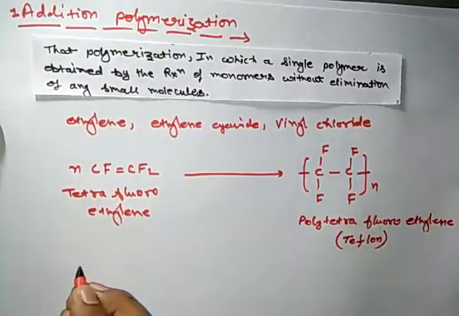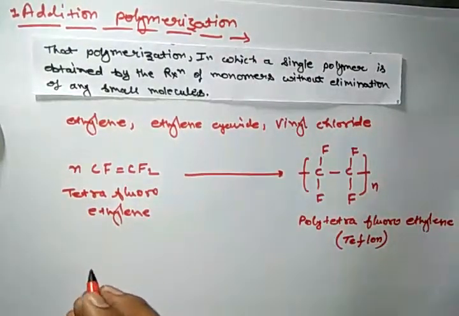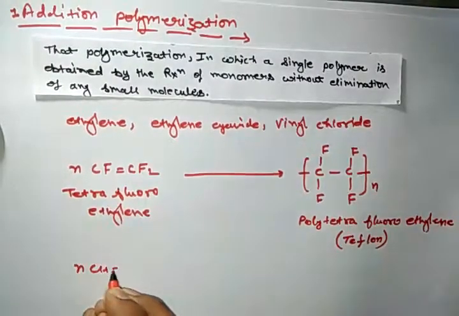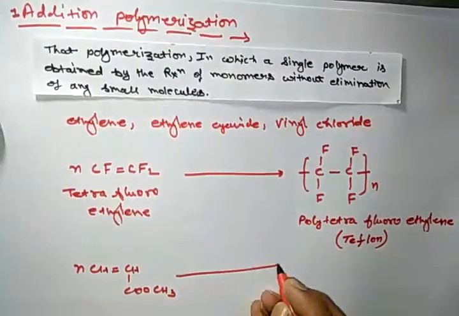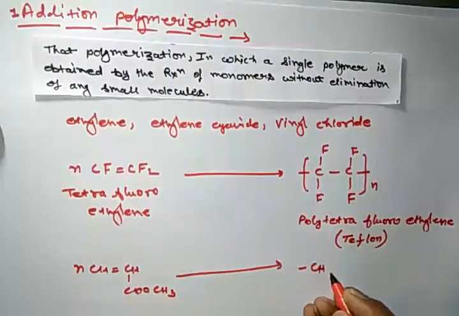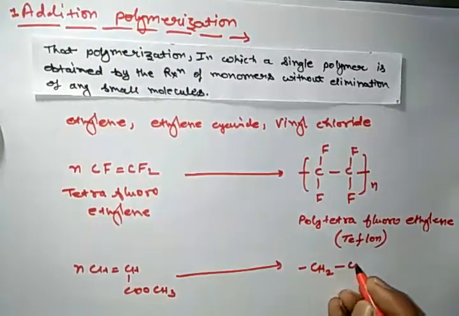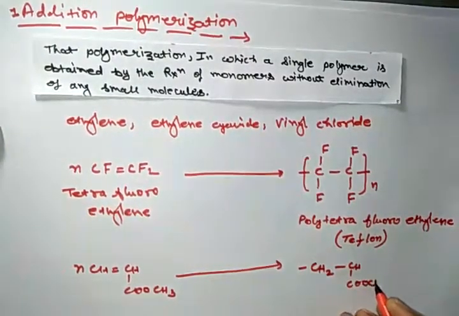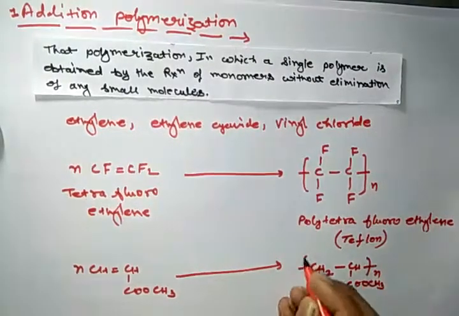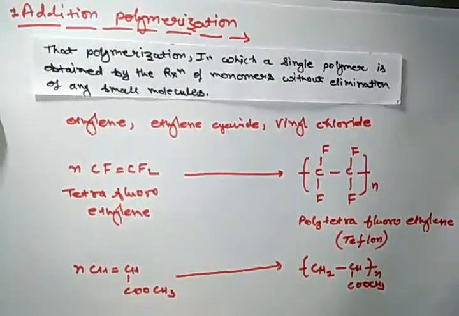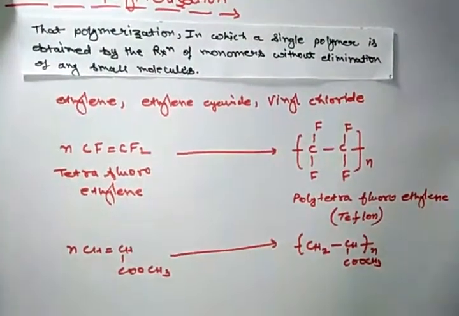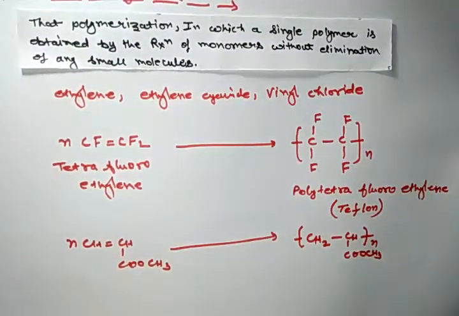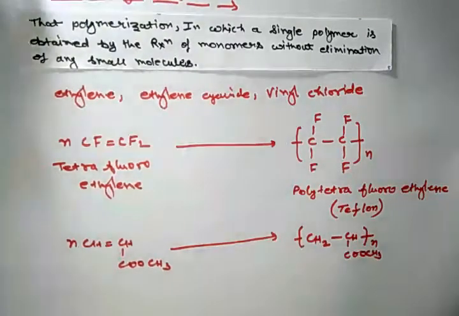Another example is vinyl acetate. In the reaction of vinyl acetate, polyvinyl acetate is obtained. Generally, the compounds with double bonds show addition polymerization. So it is the general rule that those compounds which have double bonds show addition polymerization.